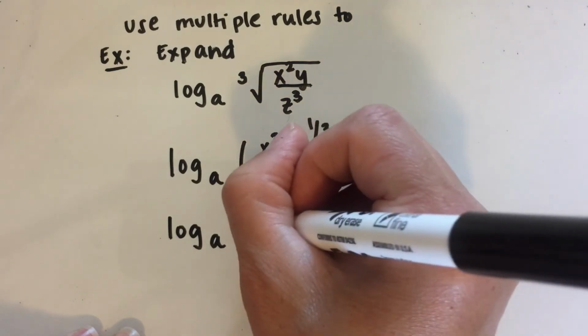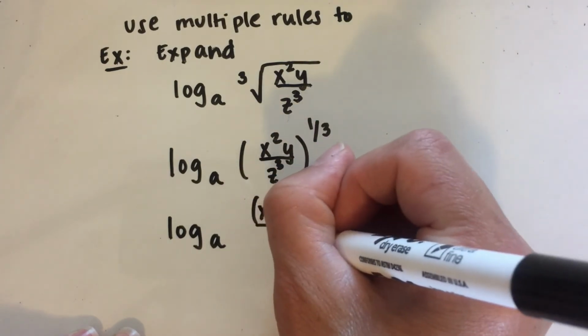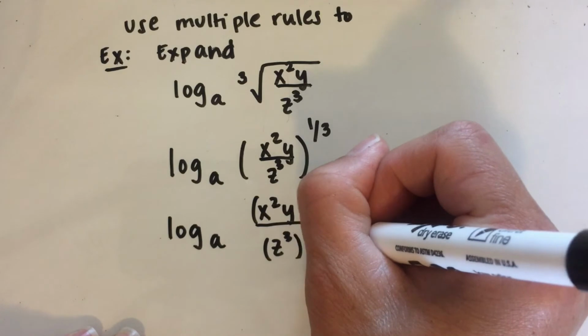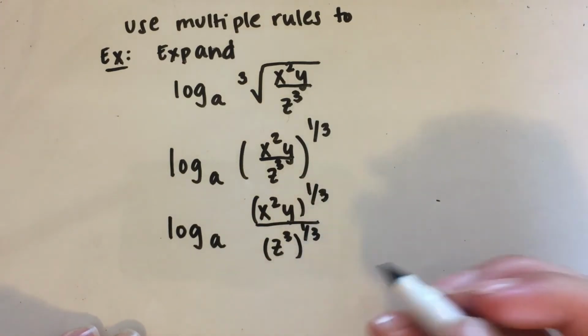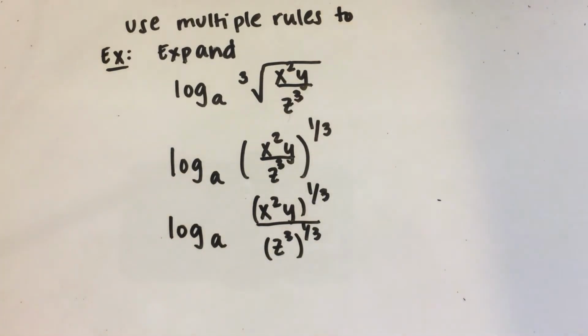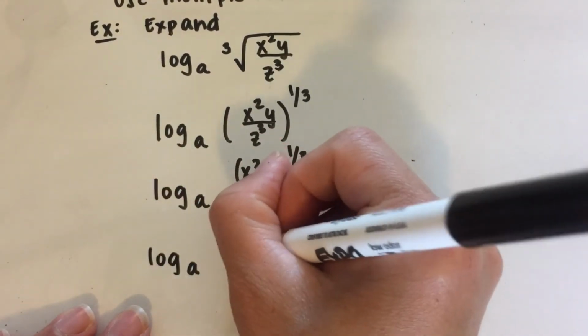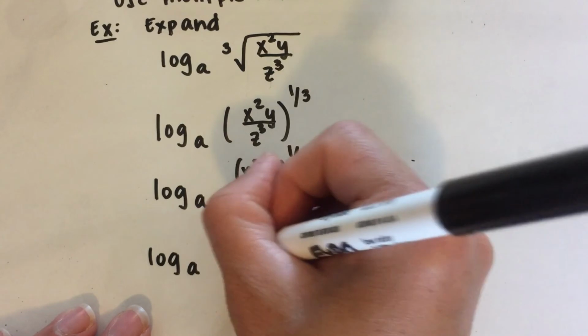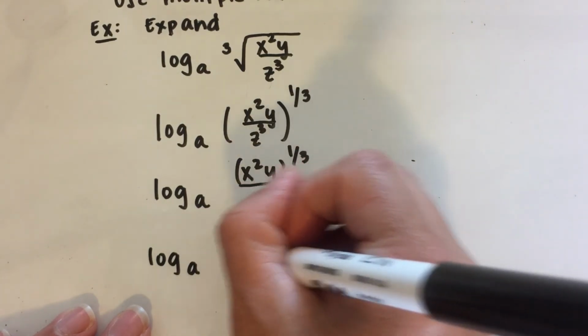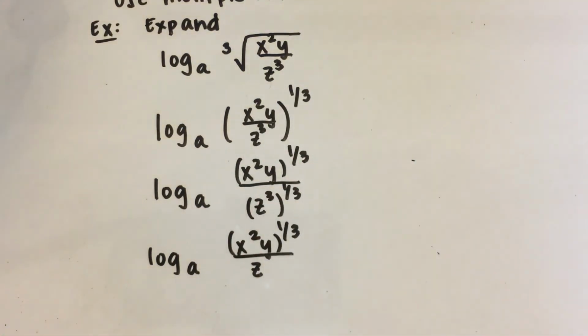So now we get log base a of x squared times y to the 1/3, and then z cubed to the 1/3, because we can apply this exponent to the top and bottom individually. Then we get log base a of x squared times y to the 1/3.